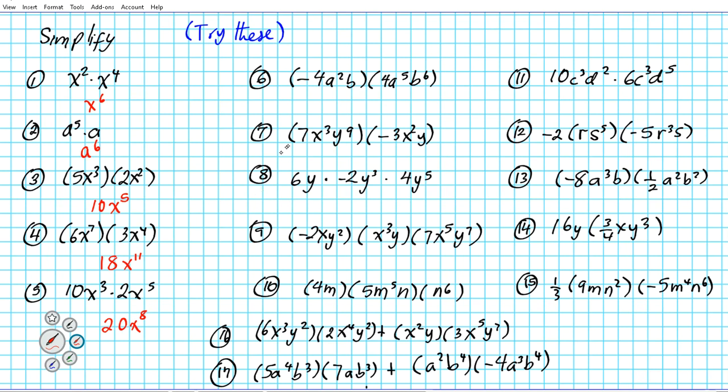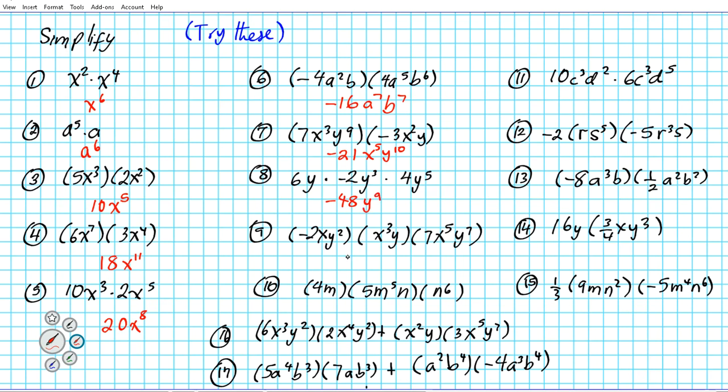For number 6, it's -16, a to the 7th, b to the 7th power. For number 7, it's -21, x to the 5th power, y to the 10th power. The answer to number 8 is -48 y to the 9th power.